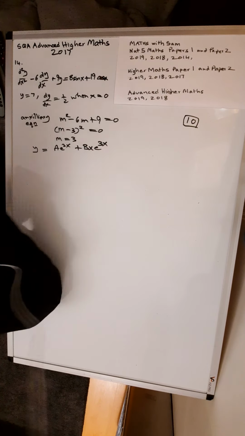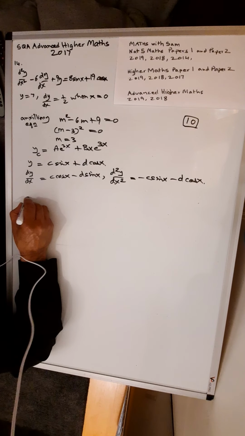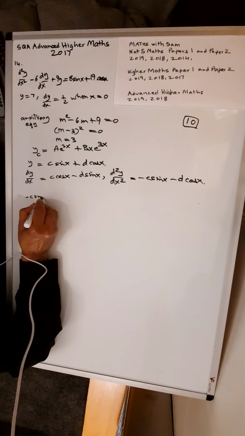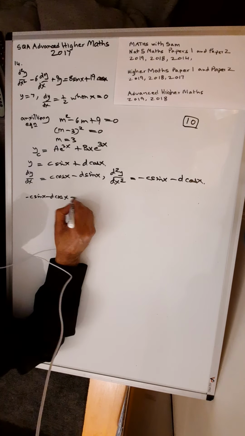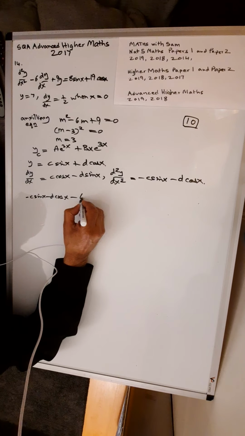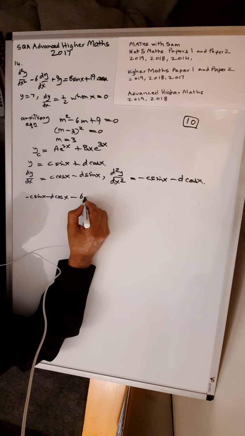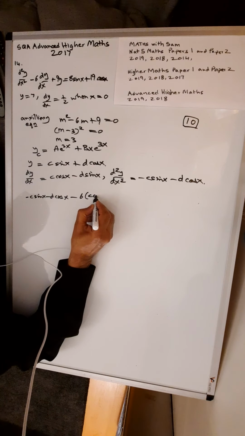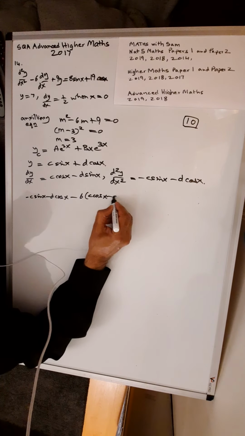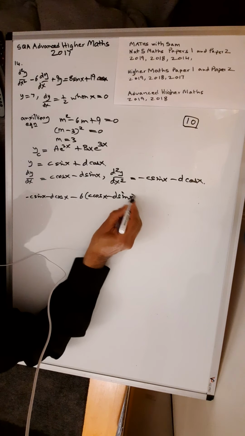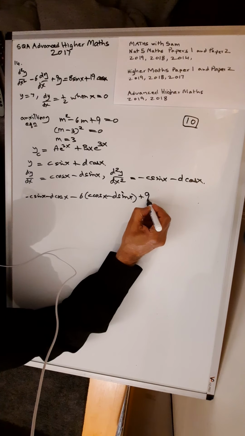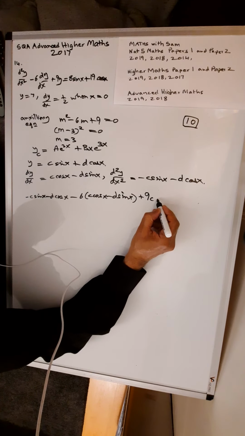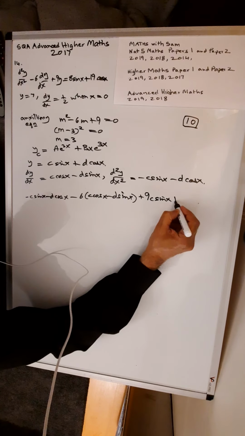Then you gather these, so d squared y by dx squared is your first one, minus c sin x minus d cos x. And then you need 6 of these, minus 6 times c cos x minus d sin x, and 9y, this is your y here, plus 9 times c sin x plus d cos x.